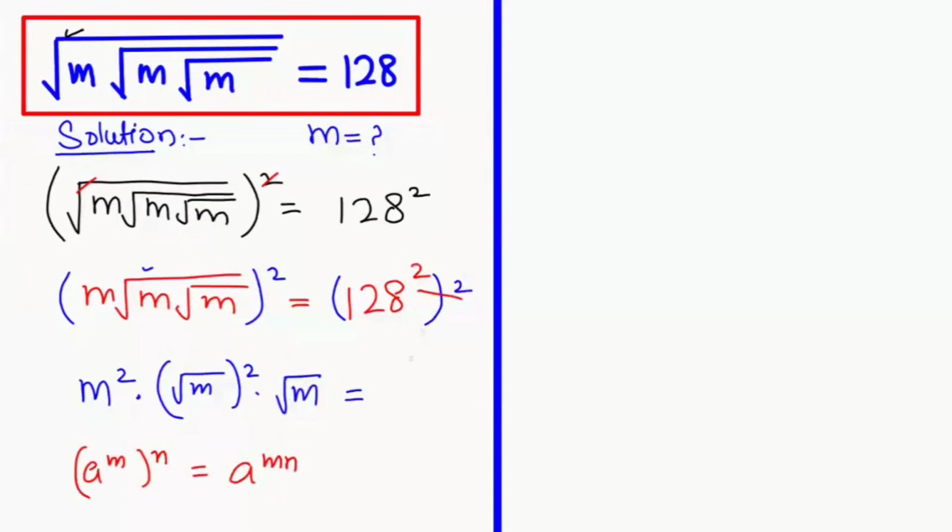So the powers are multiplied here, and I write 128 to the power of 4. Now this and this get cancelled.